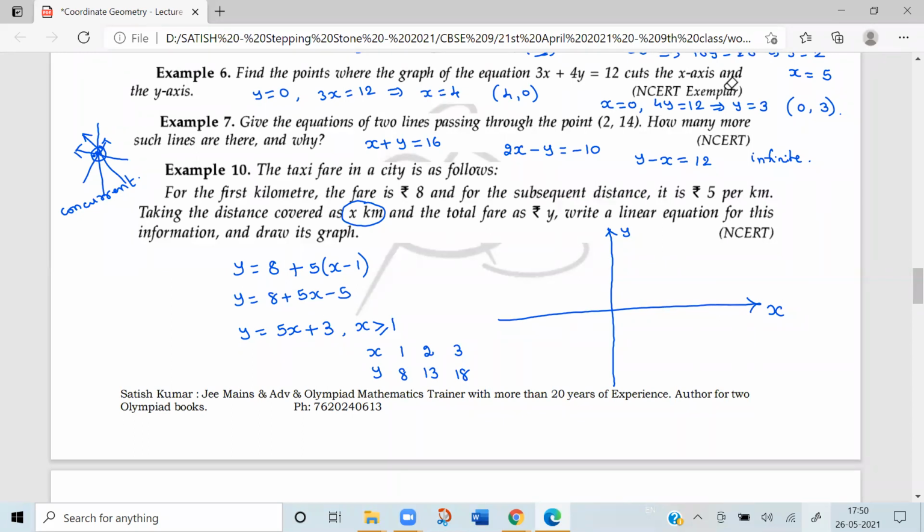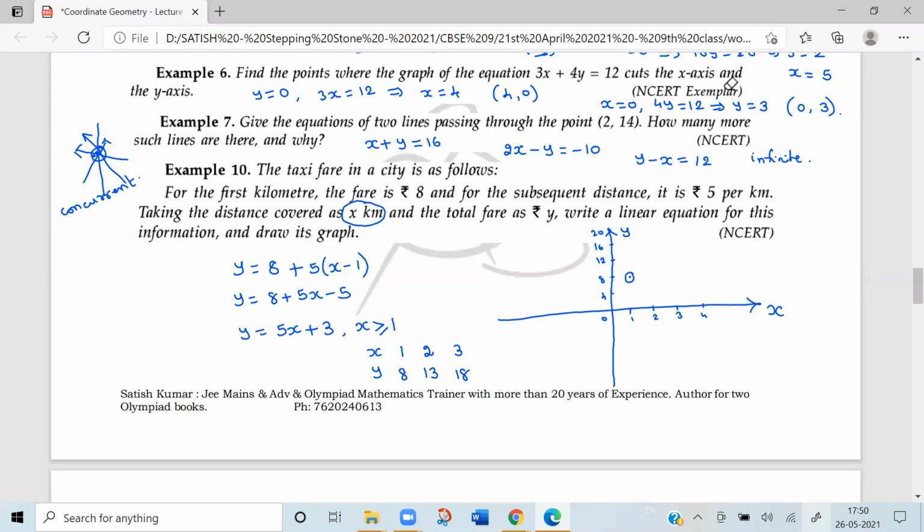So I can take the scale as 4, 8, 12, 16, 20. On the x-axis, I can take 1, 2, 3, 4. Now, when x equal to 1, y is 8.